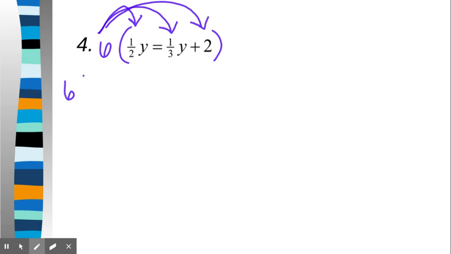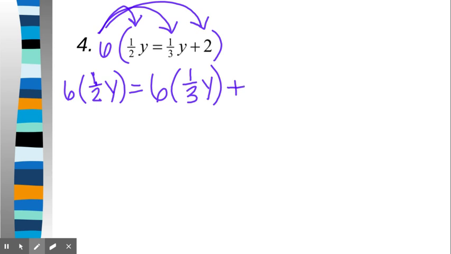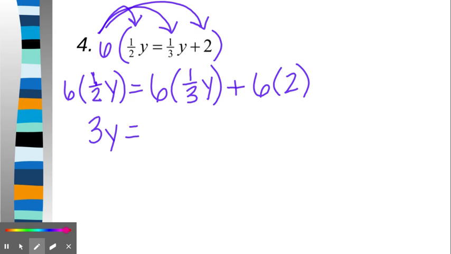So we have 6 times the 1/2 y equals 6 times 1/3 y plus 6 times 2. Don't forget about the 2, even though it's not a fraction right now. 6 times 1/2 y gives me 3y. 6 times 1/3, I'll just show you real quick how we're doing this.